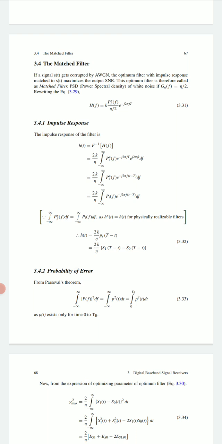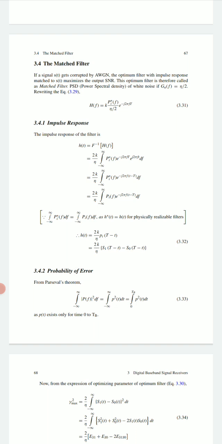If the signal s(t) gets corrupted by additive white Gaussian noise, the optimum filter with impulse response matched to the signal maximizes the output signal to noise ratio.